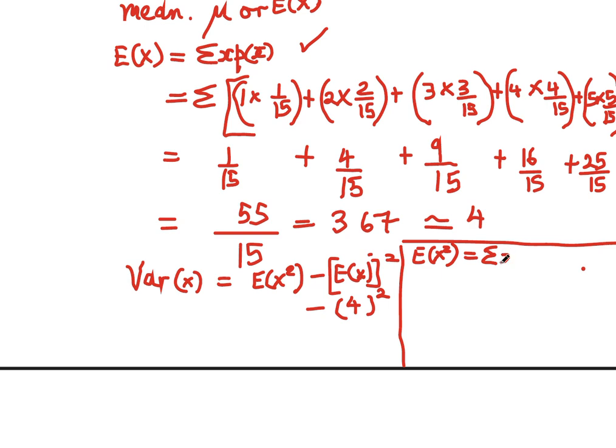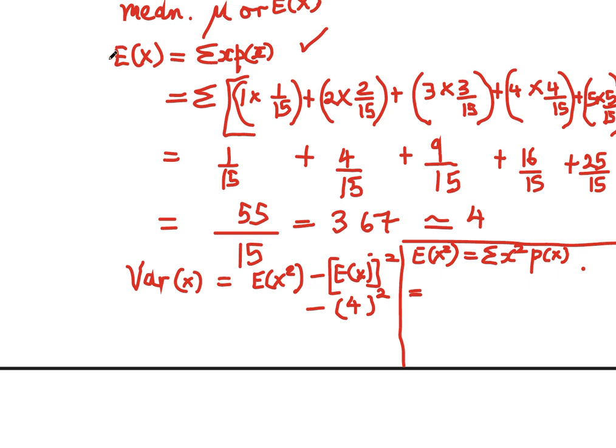Well, the formula for the expected value of x squared is just the summation of x squared p of x, which simply means that all we will do is to square the x values before multiplying by the associated probability.